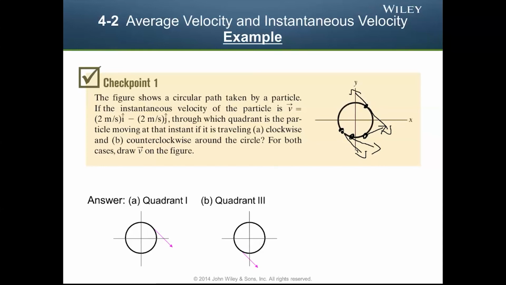If I took it just a millisecond past this point, the vector is going to be slightly different. The vector direction is constantly changing. The magnitude stays the same. So this still counts as acceleration, even though it doesn't seem like it, because in everyday real world stuff we think of acceleration as going faster, right? We think about the magnitude increasing. But in this case, the direction is just changing, and that's why it's accelerating.